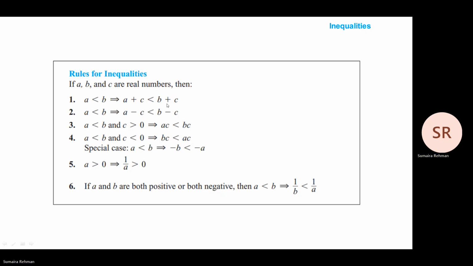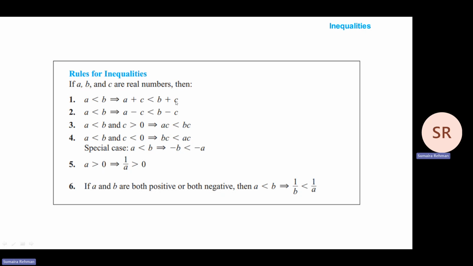It will not affect this symbol, the strictly less than. If A is already less than number B, and we add the same quantity on each side, it will not affect the inequality. The left hand side will be still less than the right hand side.